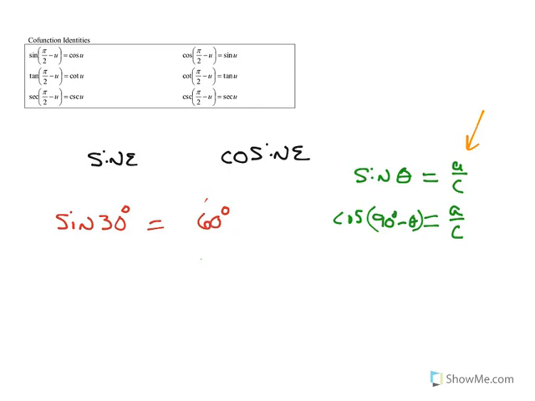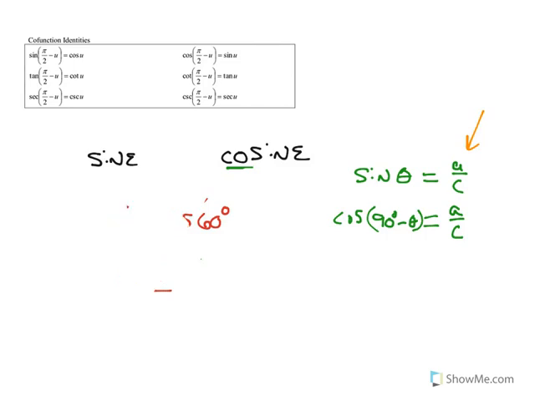So I'm going to have to switch to the complementary trig function, which is cosine. The sine of 30 degrees is 1/2, and the cosine of 60 degrees would also be 1/2 if you were to work that out. So these are going to be identical.